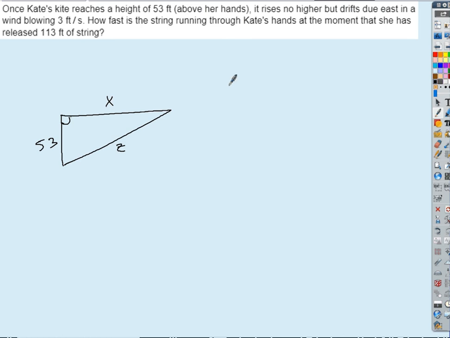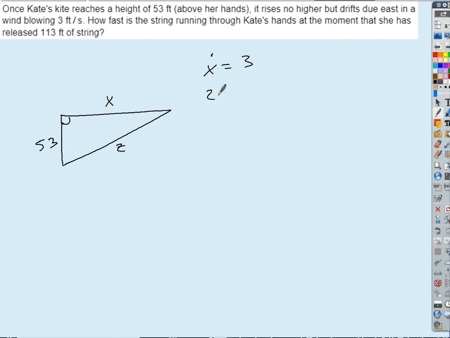So what are the quantities we're given? The wind is blowing it at 3 feet per second. What is that? That's going to be X dot. And then 11, 13. So what's that going to be?